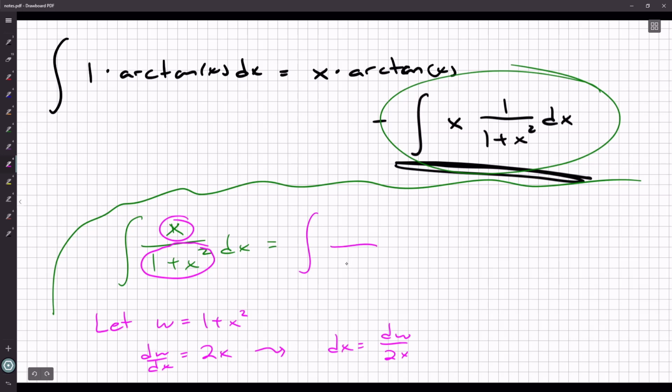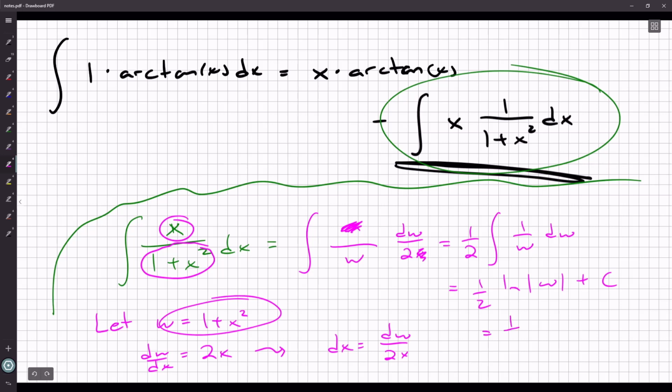Okay, so we do our substitution, the w here, x up here, dx turns into dw over 2x. The x's cancel out. We're left with 1/2 integral of 1 over w dw, but we know how to integrate the reciprocal function. So we get ln absolute value of w, and what was w again? 1 plus x squared. So we get ln absolute value 1 plus x squared plus c.